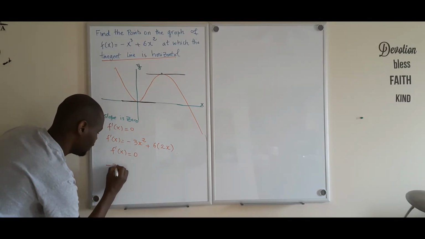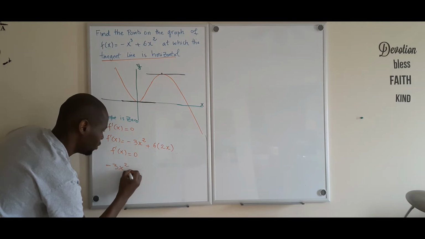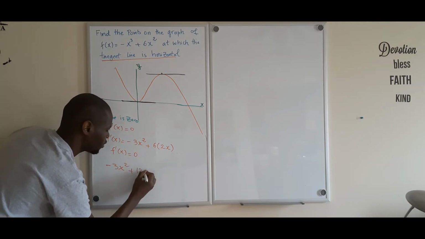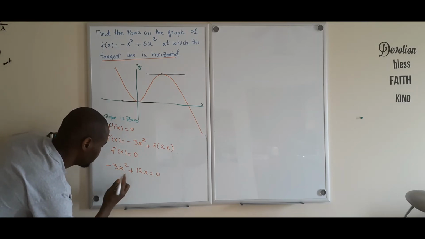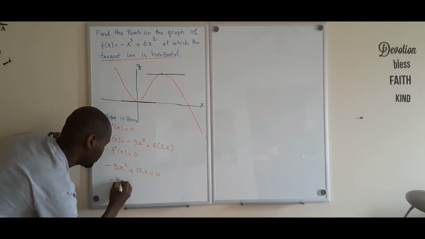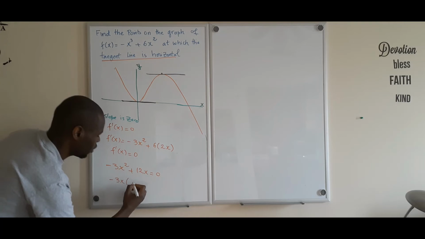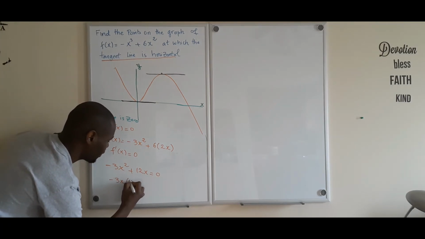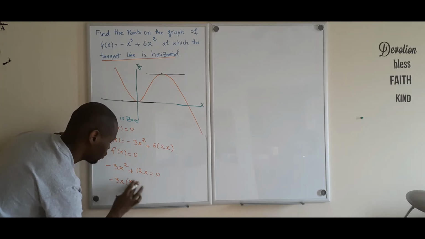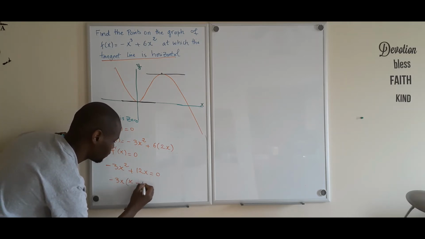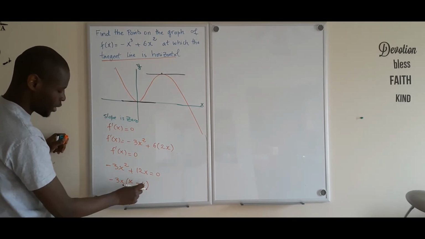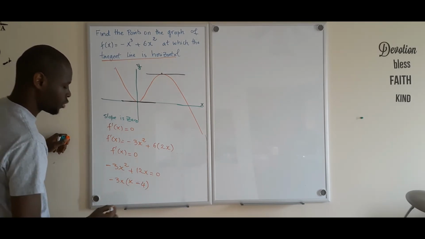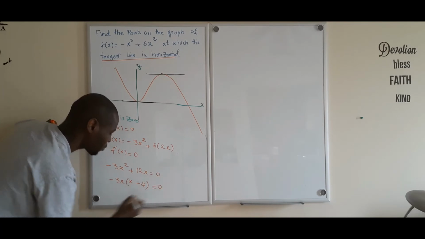So minus 3x squared plus 12x equals 0. I can factor out minus 3x. I'm left with x minus 4, right? Because if I multiply minus 3 and minus 4, I'll get positive 12. So this is equal to 0.